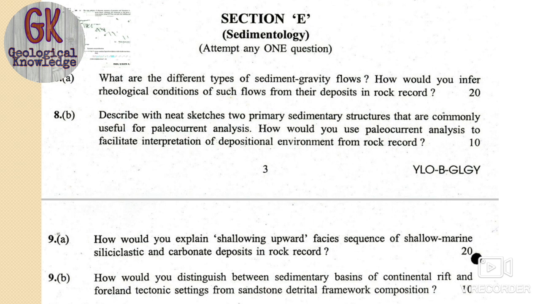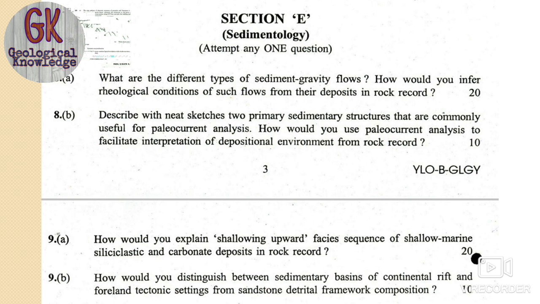Okay. And 8B, you have to describe with neat sketches two primary sedimentary structures that are commonly useful for the paleocurrent analysis. And how would you use the paleocurrent analysis to facilitate the interpretation of depositional environment from the rock record? Okay, so we have to discuss the two primary sedimentary structures which are commonly useful for the paleocurrent analysis. So I think you can discuss the ripple marks.